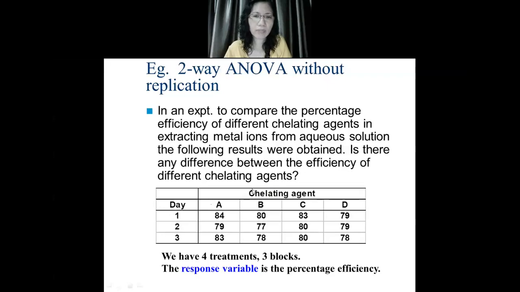So there are 2 factors here. One is the type of chelating agent. The other one is the day, and the day here is a block. Notice for chelating agent A, day 1, we only conduct 1 replicate. That's why this is called without replication.